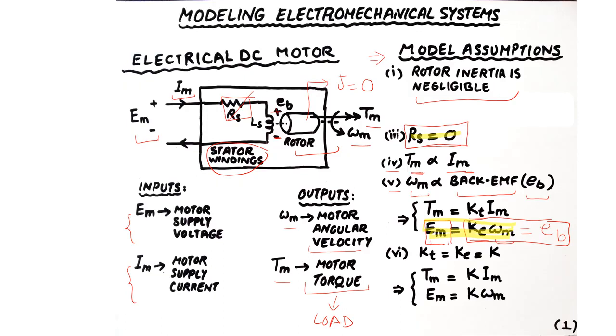Further simplification requires us to assume that the two motor constants, Kt, which is the torque constant, and Ke, which is the speed constant, are both equal and set equal to K. In a nutshell, the motor model is basically described by these two relationships, which relate current with the torque as a linear relationship, and the angular velocity being taken as proportional to the supply voltage.